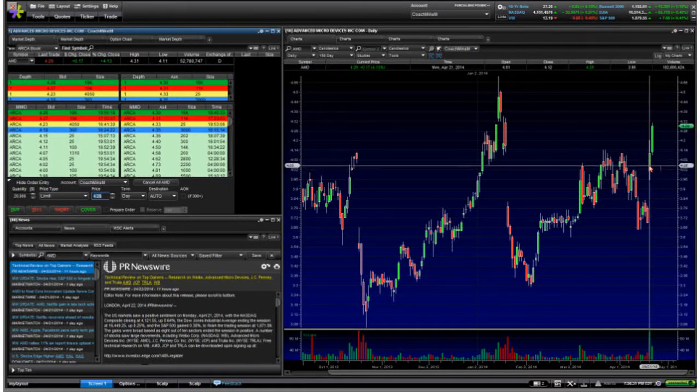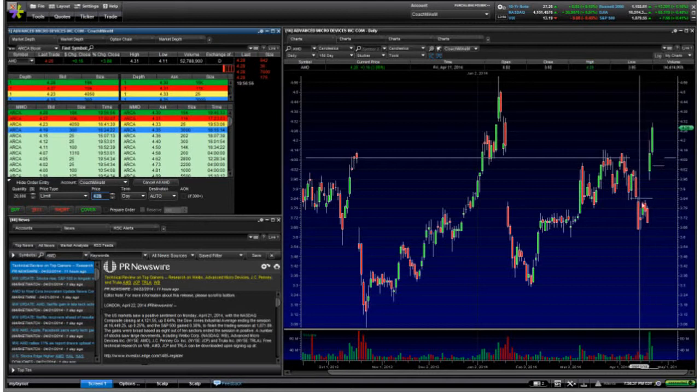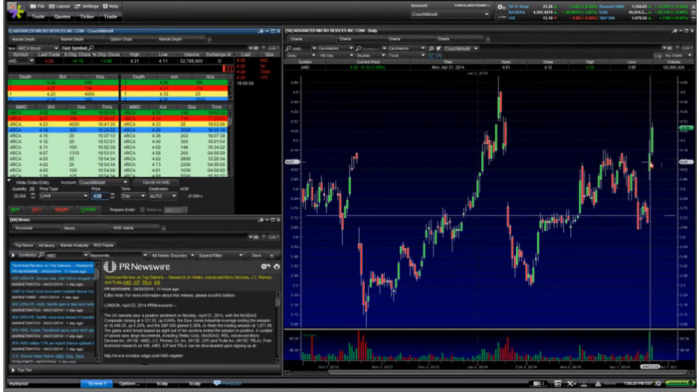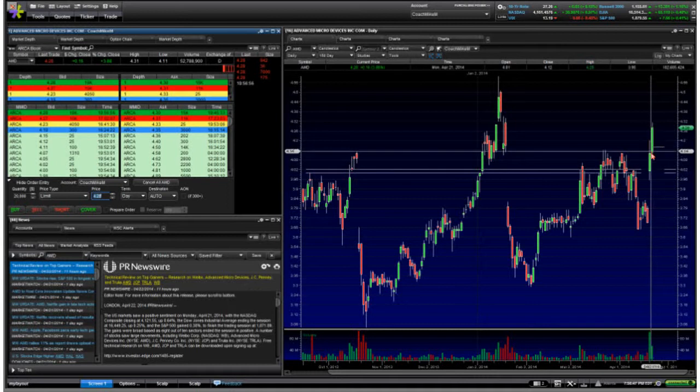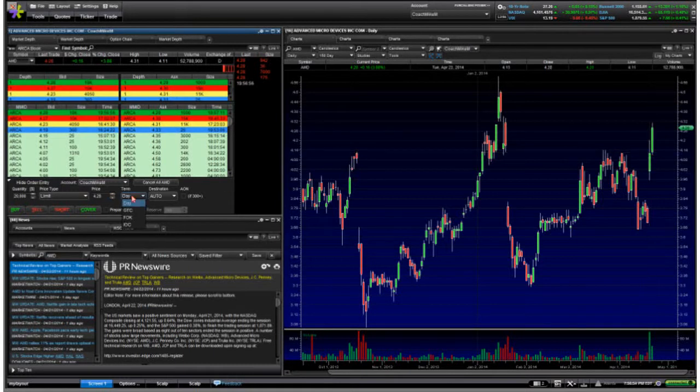So where would be a logical place to set our stop based on the gap up on Monday? We get through the day, it does its price action, we're looking at it last night, we know we need to adjust our stop with a GTC, good till canceled.